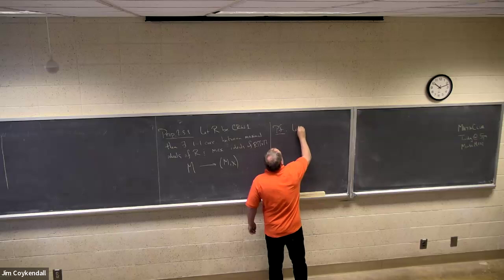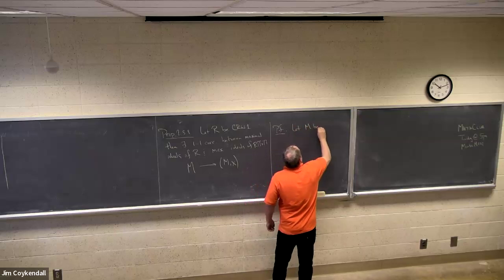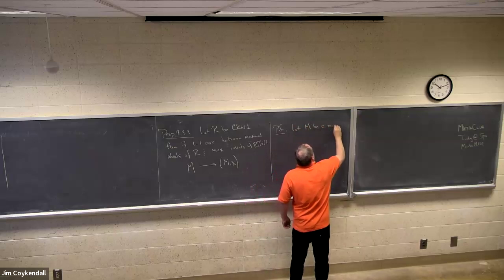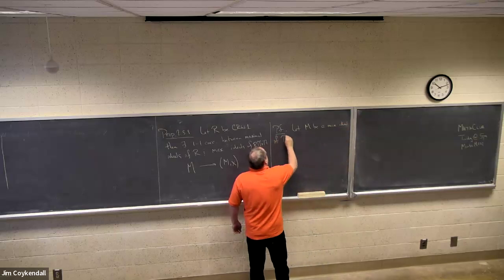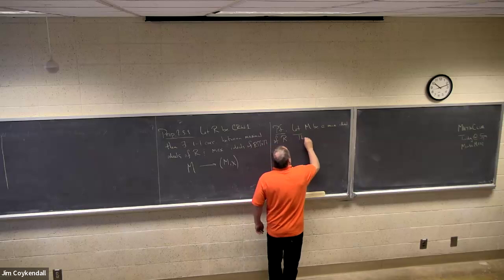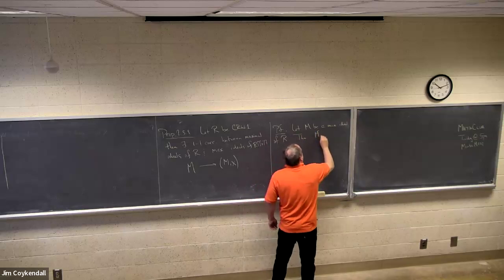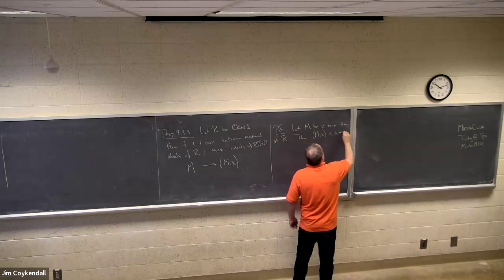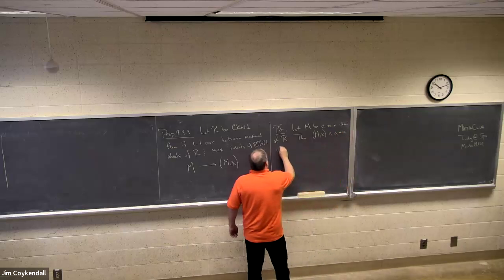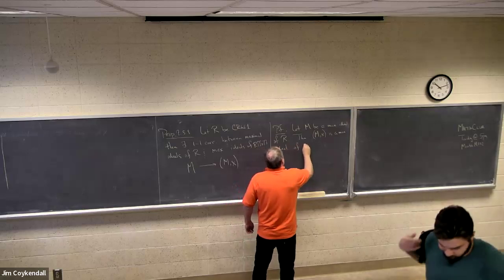So let M be a maximal ideal of R. Then (M, x) is a maximal ideal of R[[x]].